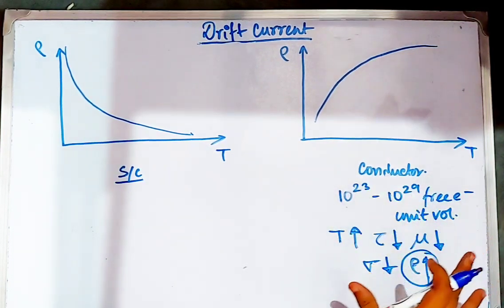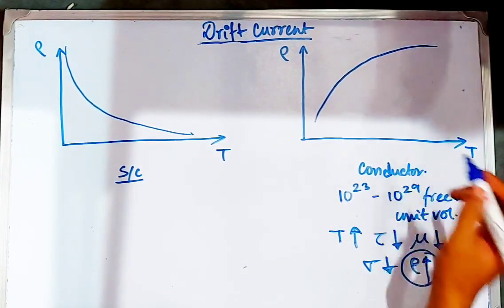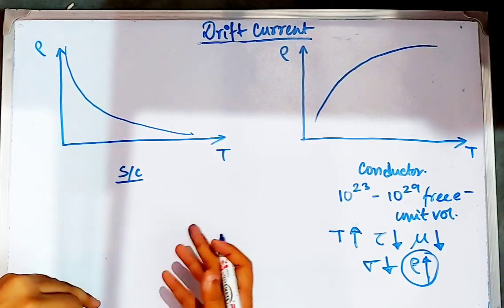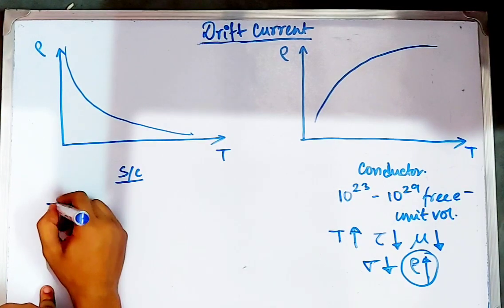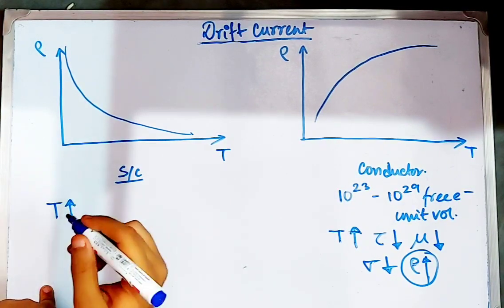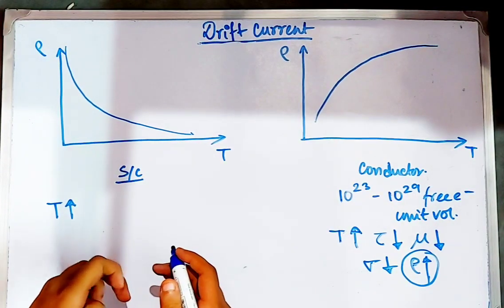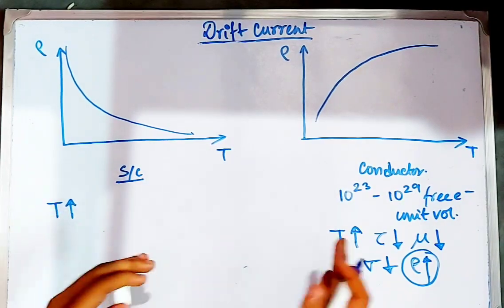So this is the explanation of the curve for a conductor. Now if I am talking about the semiconductors, here also I am increasing the temperature. But what is the basic difference between the semiconductor and conductor?